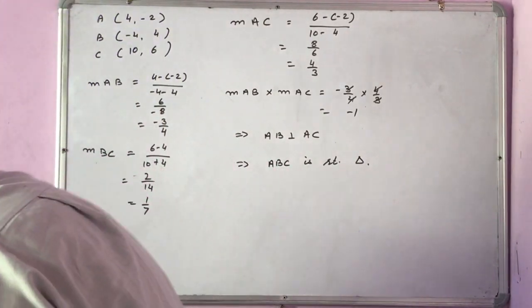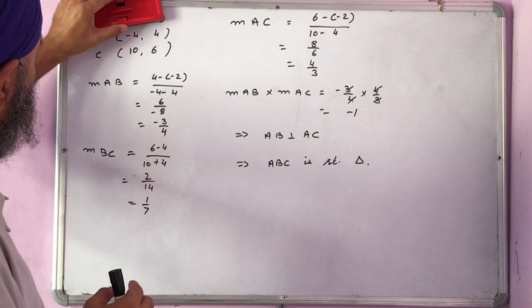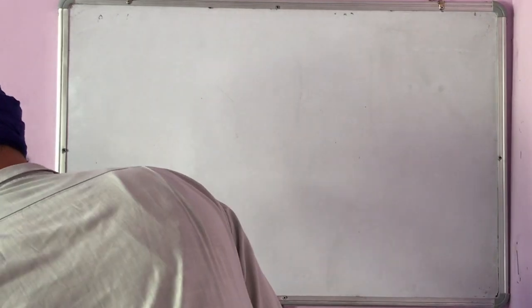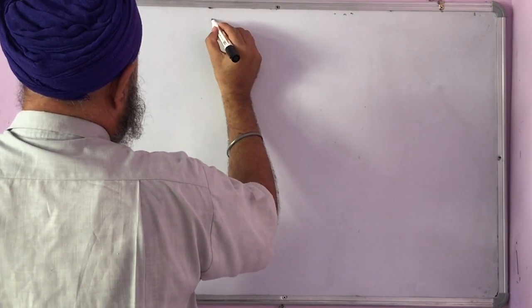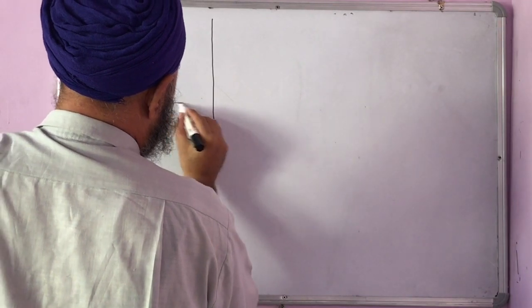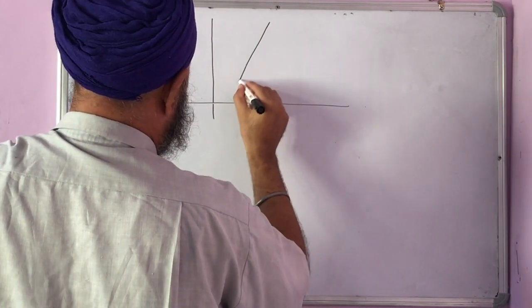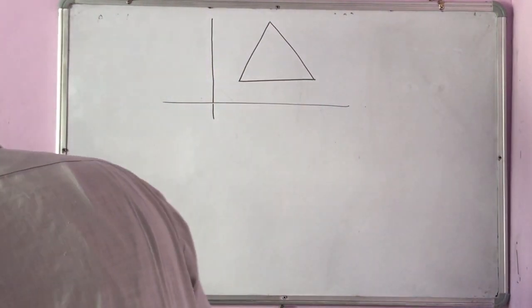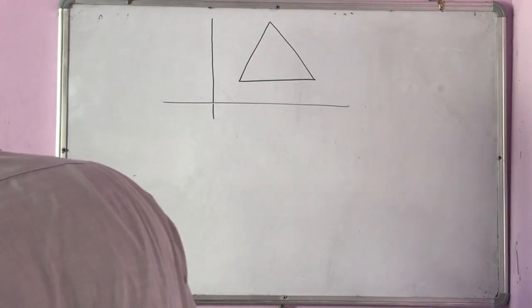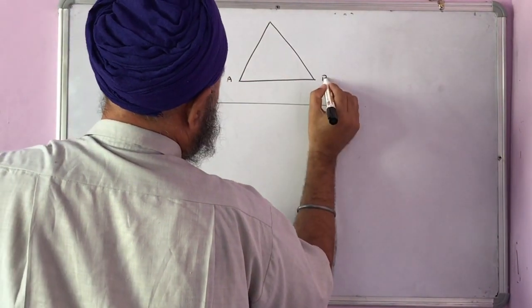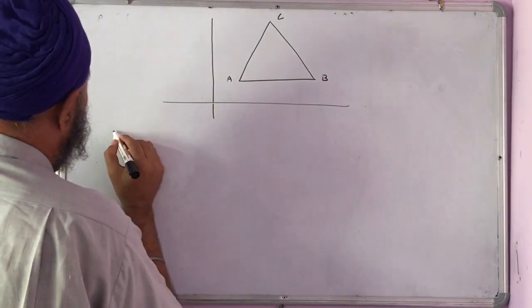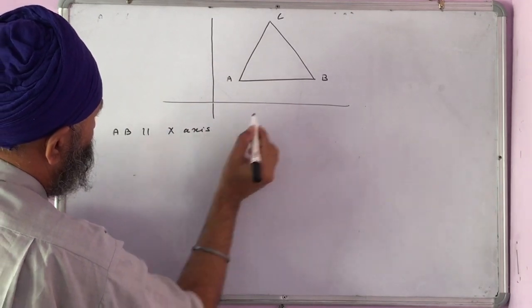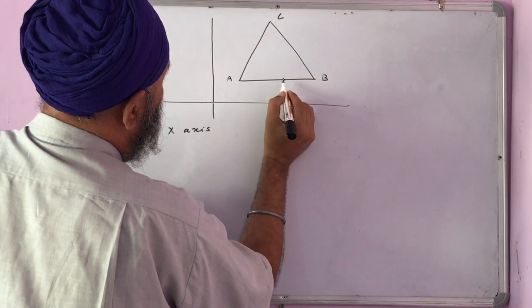Then I do question number 12. I am given a triangle ABC in which AB is parallel to the x-axis.